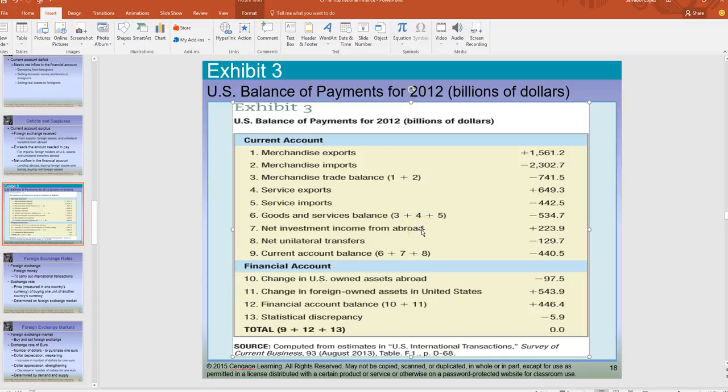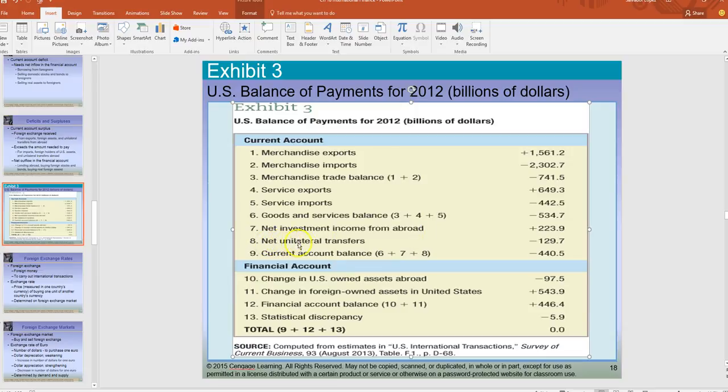However, there is also income that foreigners get paid from U.S. firms or U.S. government for their investments, or from U.S. individuals too. Okay? So this includes all the interactions of goods and services between individuals and firms and governments.